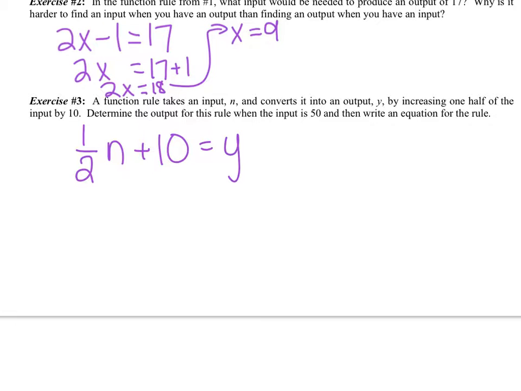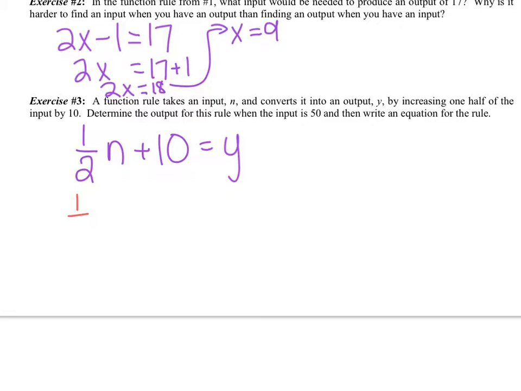Reading on, it says determine the output for this rule when the input is 50, and then write an equation for the rule. Hey, looks like we already wrote the equation. Part of this is done. We're going to find the output, so we need to find the y when we input 50.